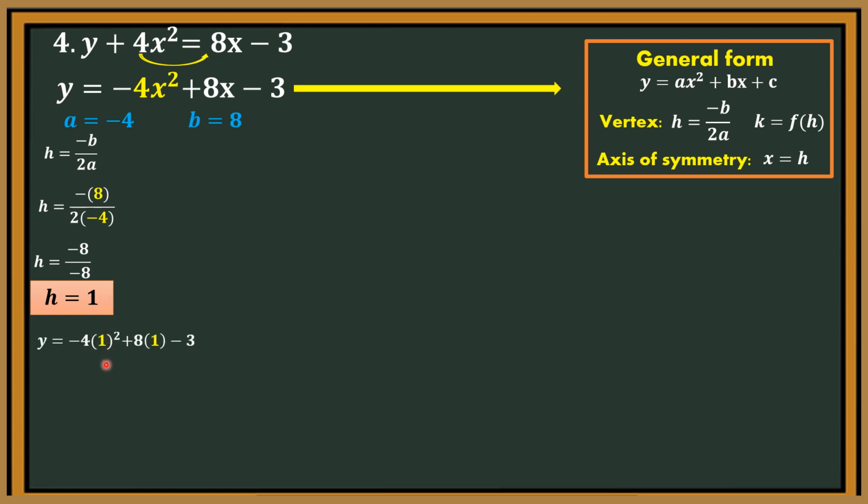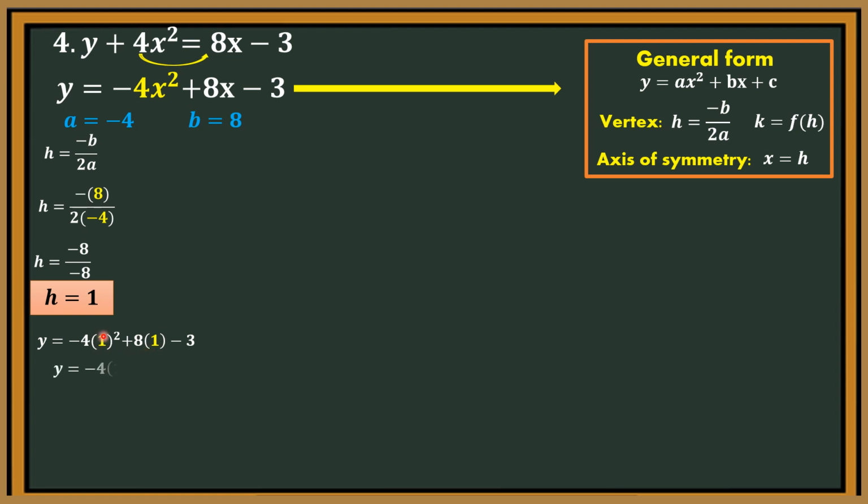Then gamit tayo ng original function ulit. Ito siya. So papalitan na natin lahat ng x ng value ng x or ng h na 1. So y is equal to, copy lang natin ang negative 4. Ang 1 natin, yung x natin. Then, copy lang yung squared, copy yung plus 8. X natin, ginawa na natin 1. Minus 3.